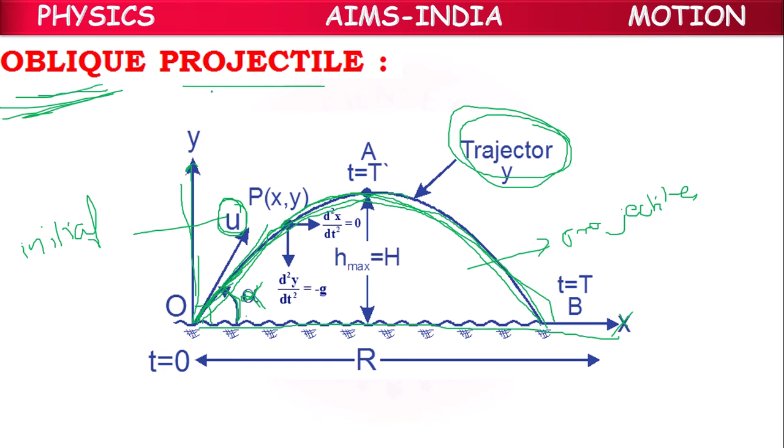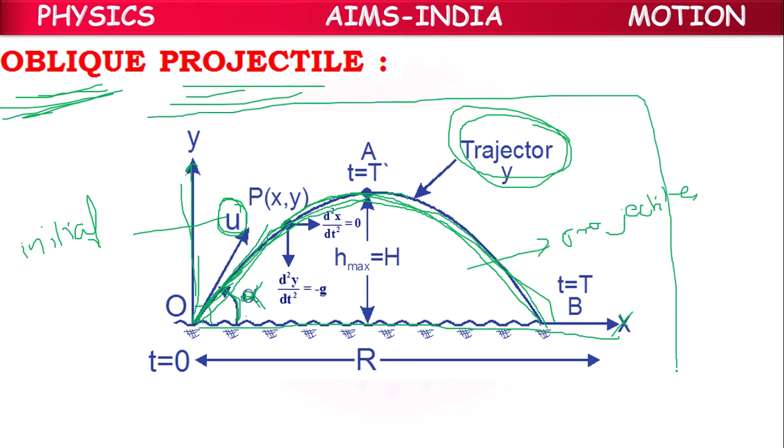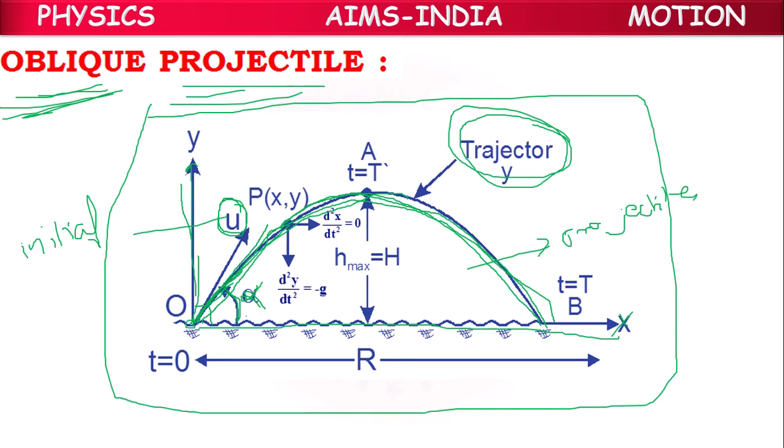So we are going to learn some of the formulas related to this oblique projectile. Throughout its journey, from the point of projection O to point P to point A to point B, many terms are involved in this projectile.